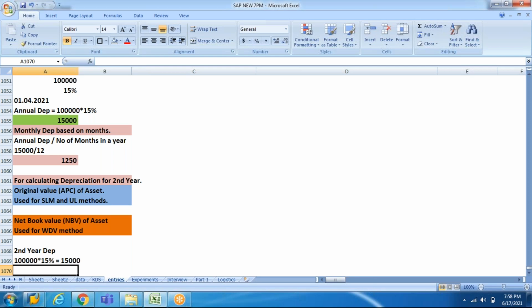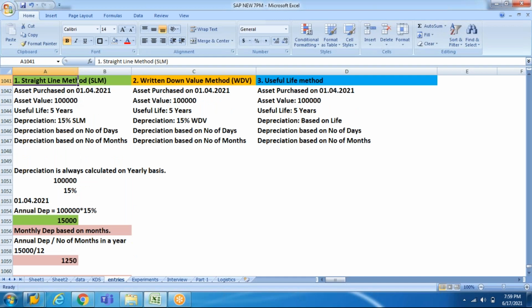Whatever value you get in the first year will be the same every year. There may be minor delta adjustments in the last year; if there is any difference here and there, it will be adjusted in the last year of the asset. Otherwise all the years will receive the same depreciation value in case of SLM. Is this clear now? Any doubt in this?